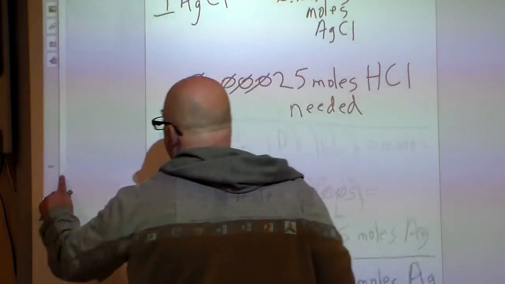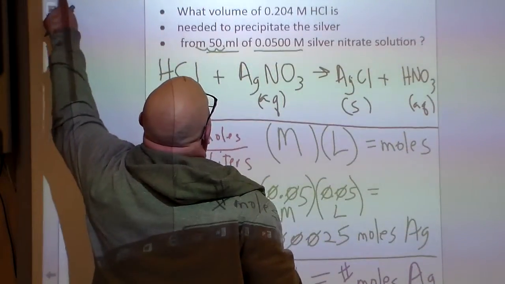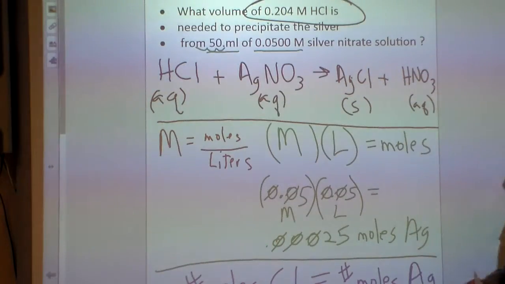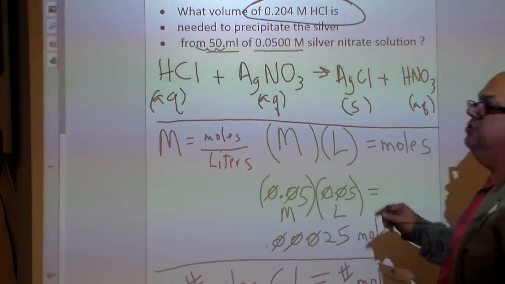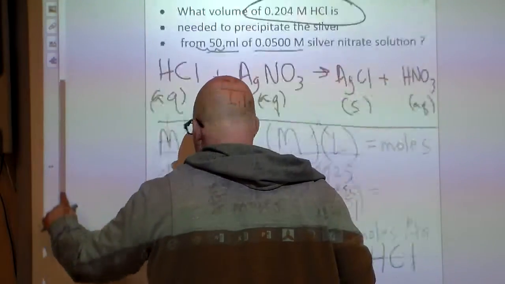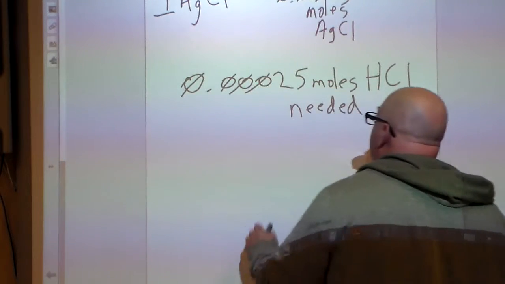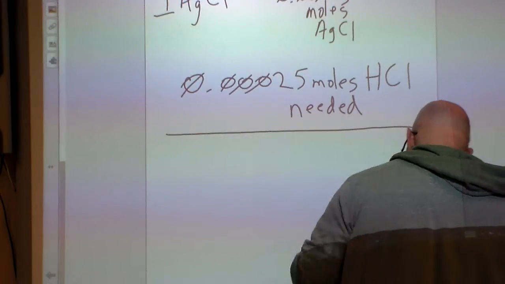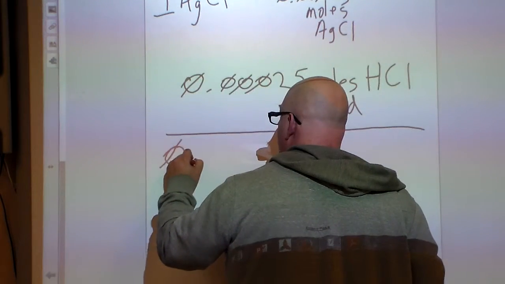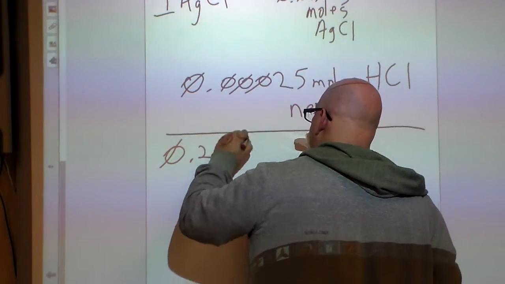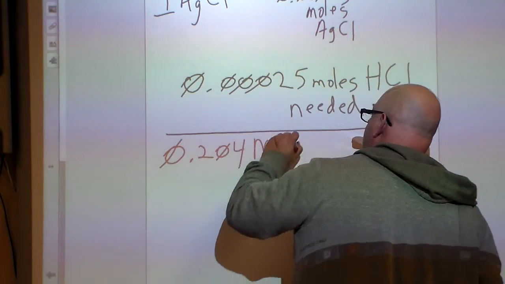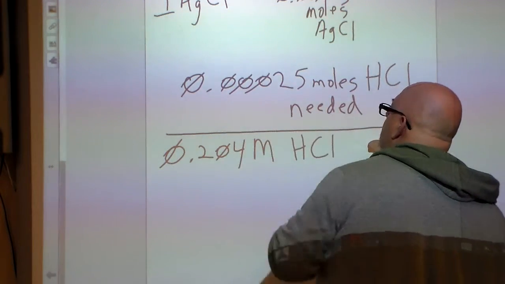What other information did they give us? Well, in the problem, they gave us the concentration of our HCl, 0.204. We can now work with this. Let's wrap this one up. I'm making sure I have this molarity of HCl.